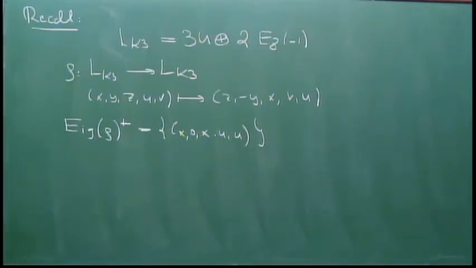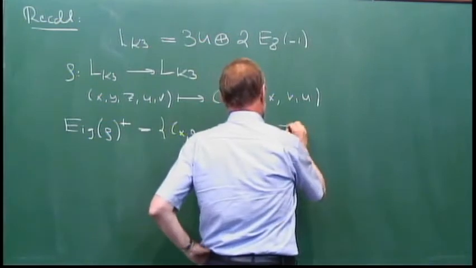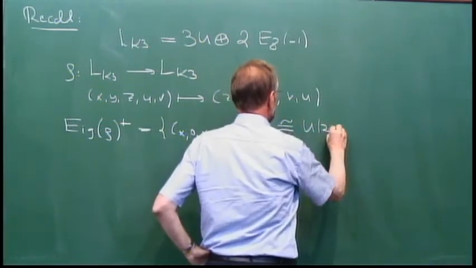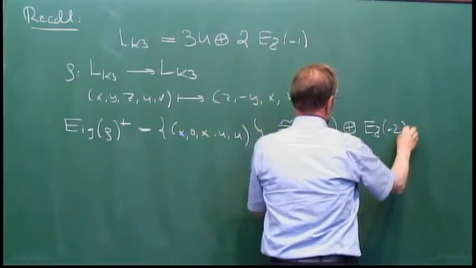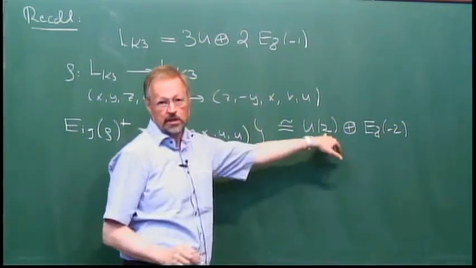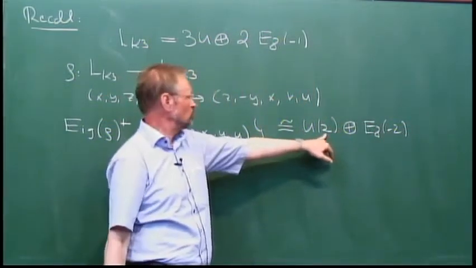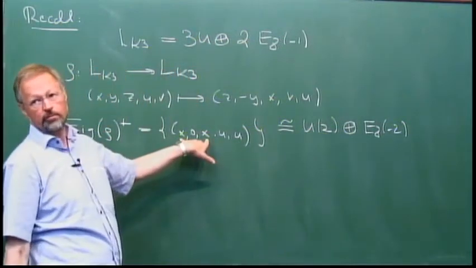So as a lattice, this is U(2) plus E8(-2), where the 2 means that the intersection form is multiplied by 2. And that's because we have 2 copies here.